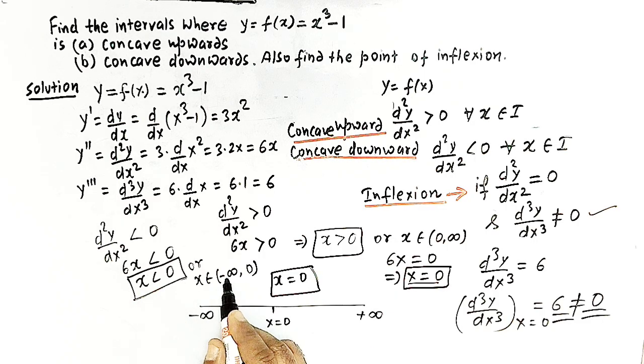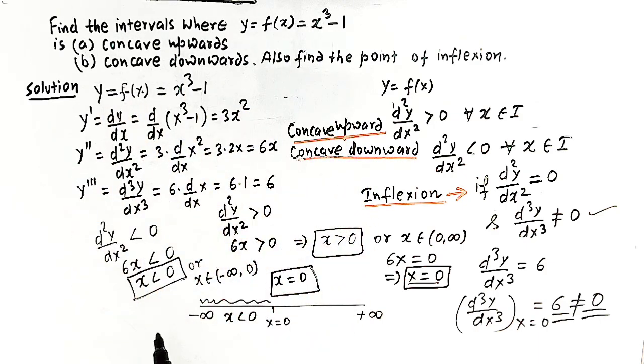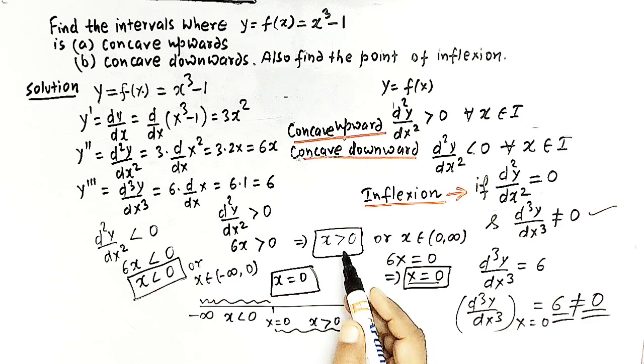So from minus infinity to 0, that is in this interval, we have x less than 0, and the given curve is concave downwards in this interval, and in this interval we have x greater than 0.